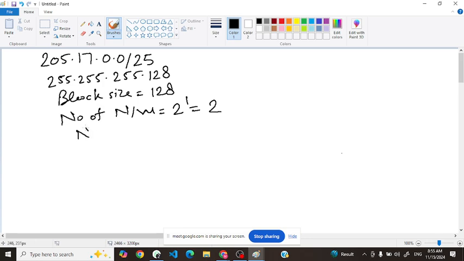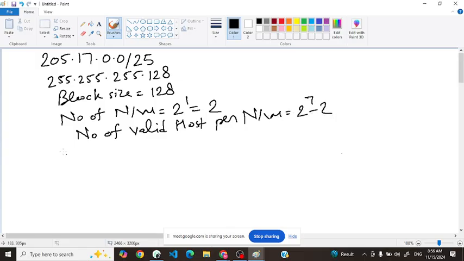Number of valid hosts per network is 2 power 7 minus 2. Okay. And the broadcast address will be... Network ID, what will be the network ID? 205.17.0.0.